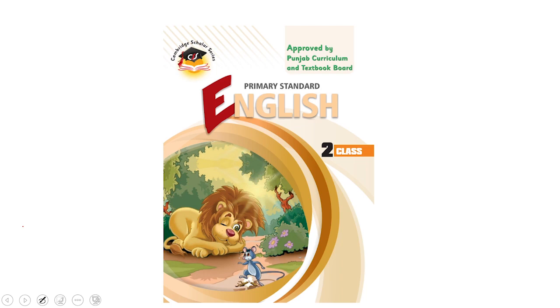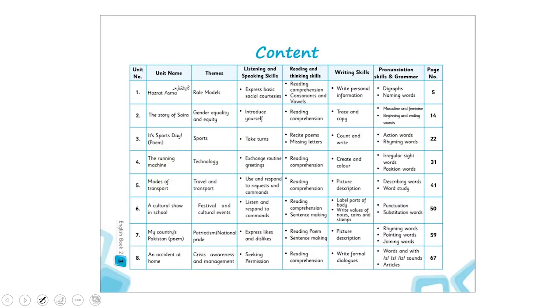The book in your hand is based and designed on Single National Curriculum 2020. And in this video, I am going to explain each and every section for you to understand it properly. Let's start from the content list. We have 6 main sections here: unit name, themes, listening and speaking skills, reading and thinking skills, writing skills, pronunciation skills, and grammar.